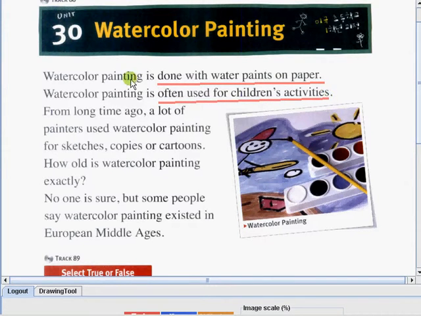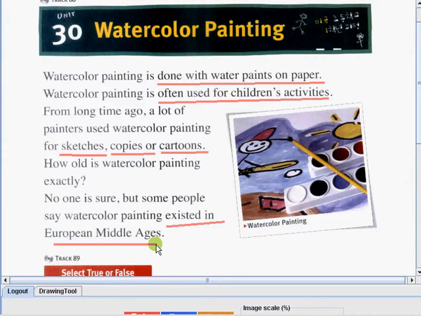And it says here also that long time ago a lot of painters used watercolor paintings for sketches, copies, or cartoons. And it also says here that no one is sure about how old watercolor painting is, but some people say watercolor painting existed in European Middle Ages.